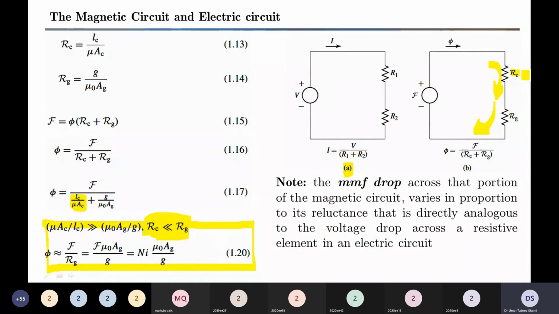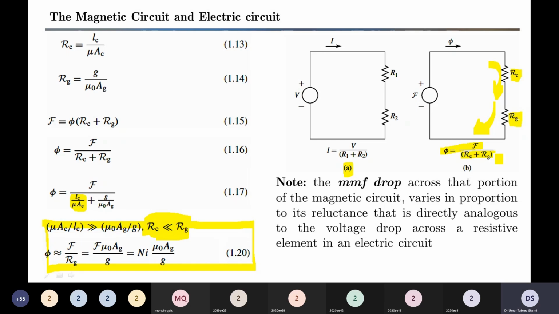Therefore, the reluctance of core and reluctance of free space are both in series, and the flux is defined by the value of Ni, that is the magnetomotive force, divided by the reluctance of core plus the reluctance of the air gap.